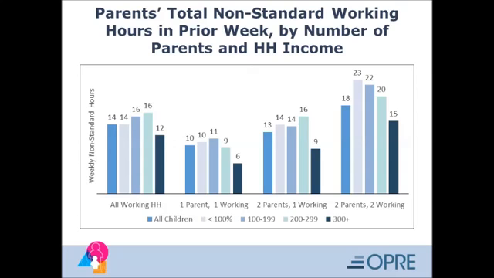And you see that the dark blue bars are the ones for the highest income households, and typically across all of the household structures, those highest income households are working the fewest non-standard hours compared to the lower income households. But we also see that across all of these groups, there is some work during non-standard hours on average for every single group.